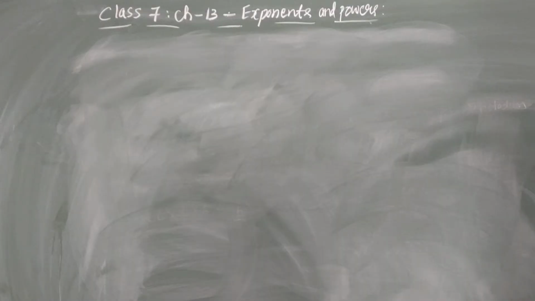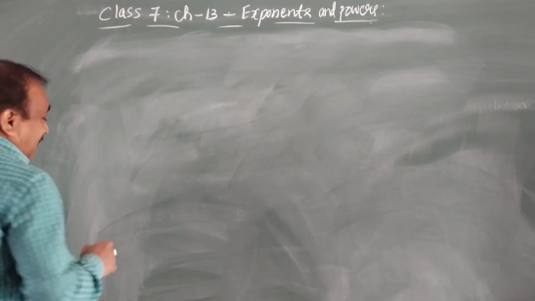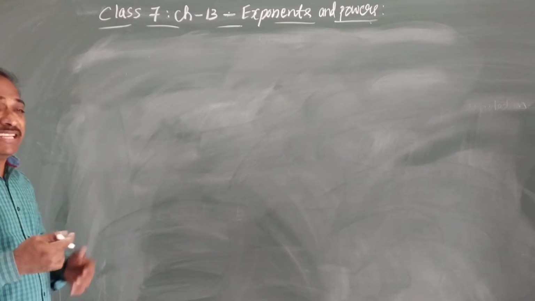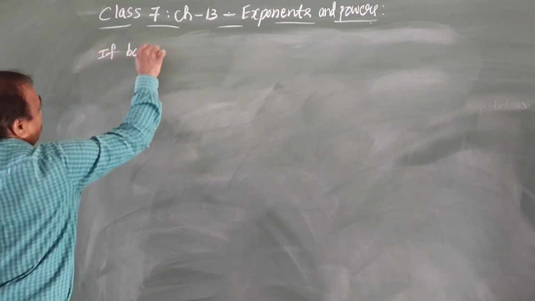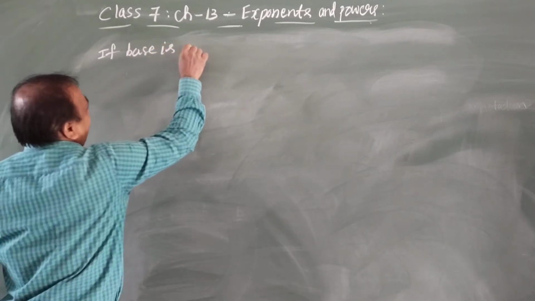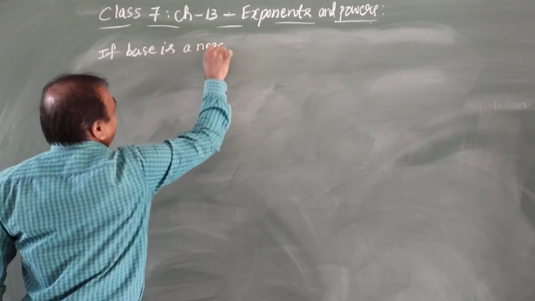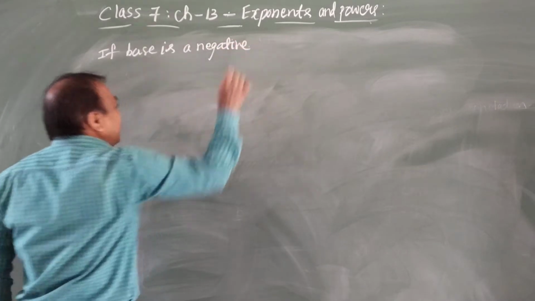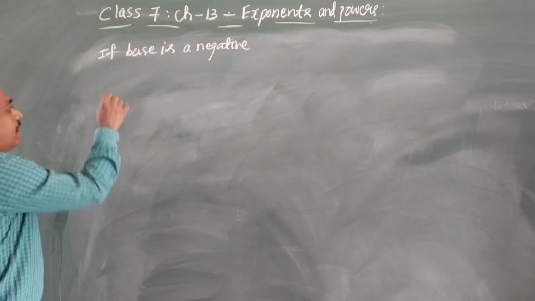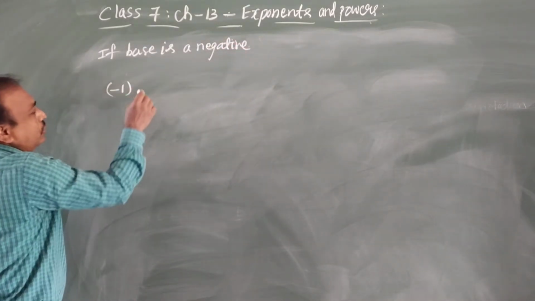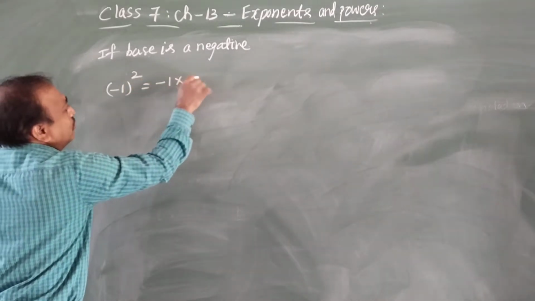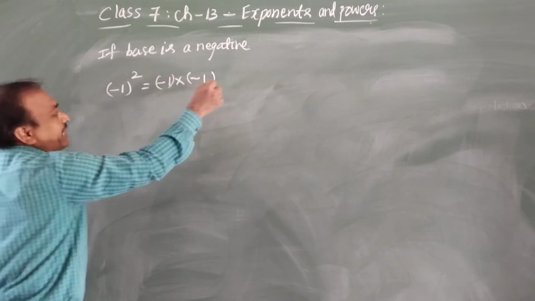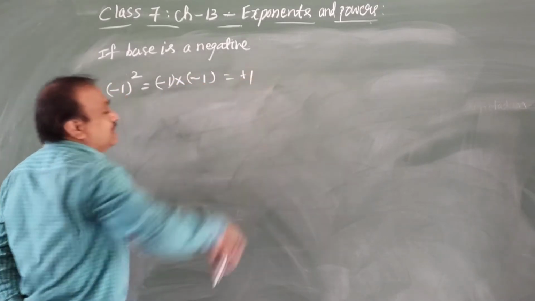You see now, if the base is a negative number, minus 1 whole to the power 2 is minus 1 into minus 1, and the answer is plus 1.